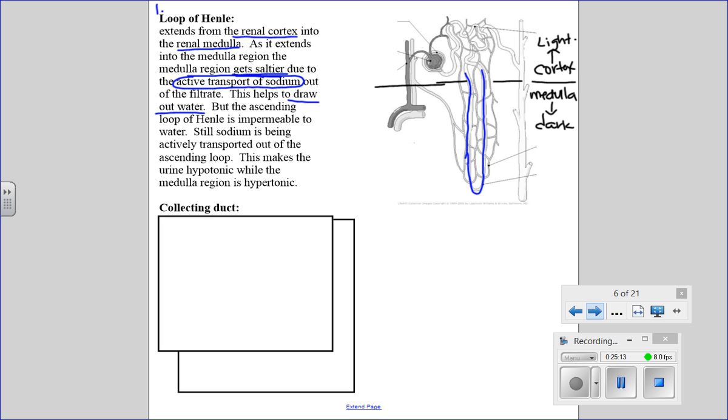If you were to drink salt water when you were shipwrecked, you would die much faster than if you drank no water. And it's because salt attracts water. Water naturally likes to move to where salt concentration is high. That's what osmosis is, water moving towards high concentrations. So if I put lots of sodium outside of the filtrate, then water will leave as well.